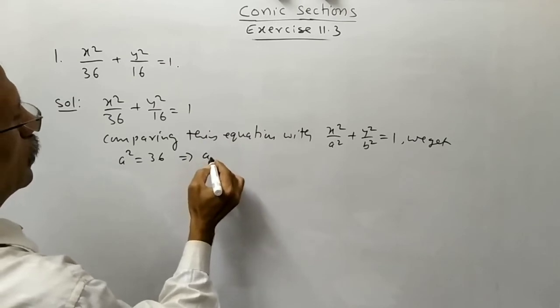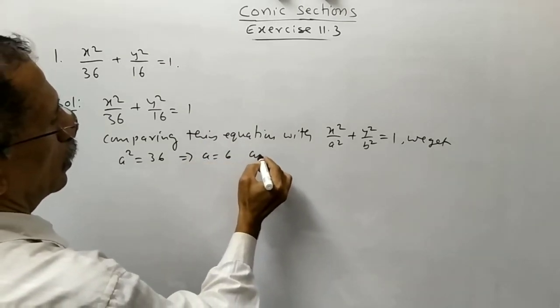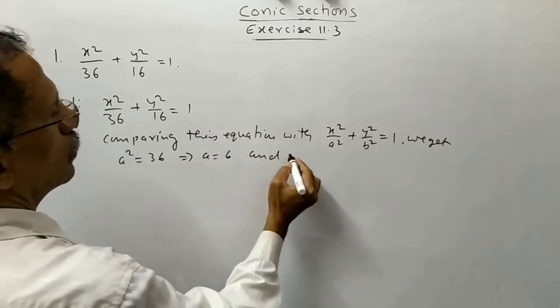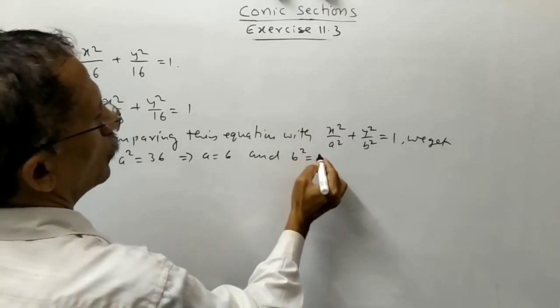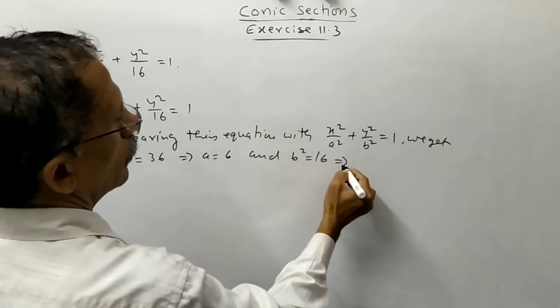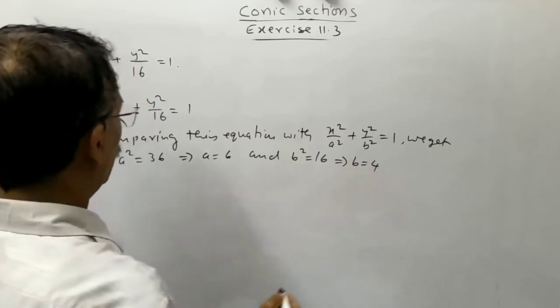This implies a is equal to 6. And b square is equal to 16 implies b is equal to 4.